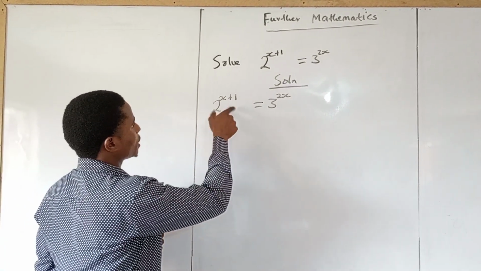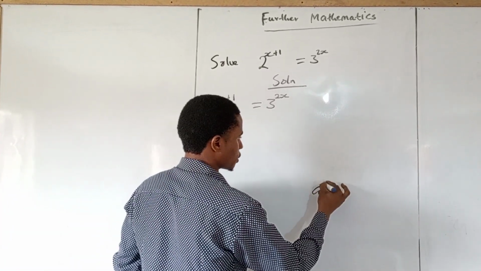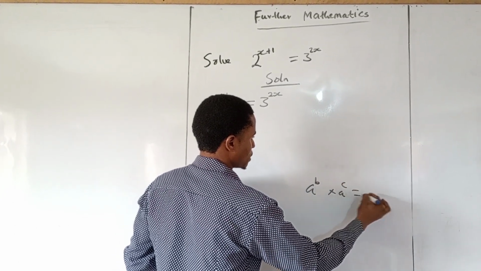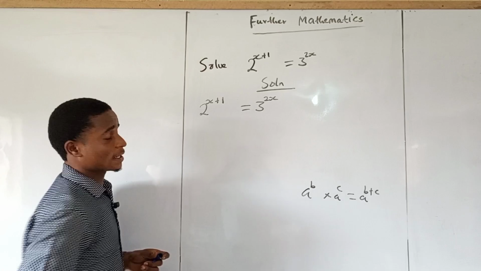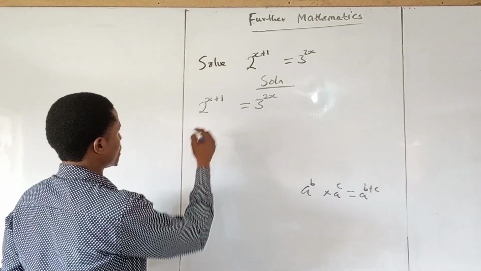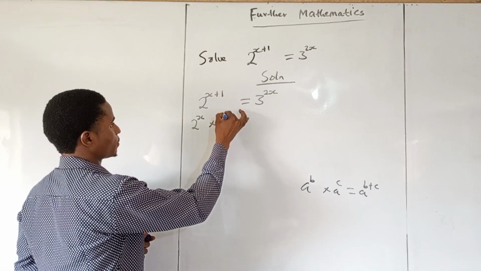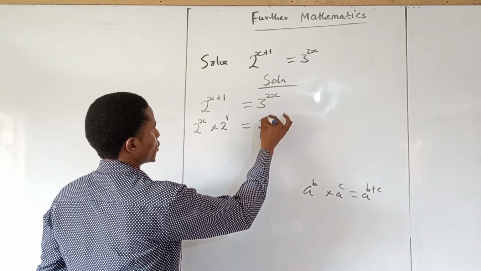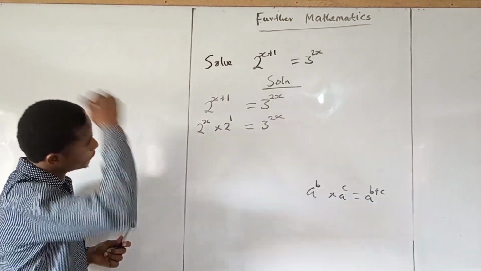To break this down, I recall that a^b times a^c means a^(b+c). So what we have here is 2 raised to the power of x times 2 raised to the power of 1, and that is equal to 3 raised to the power of 2x.